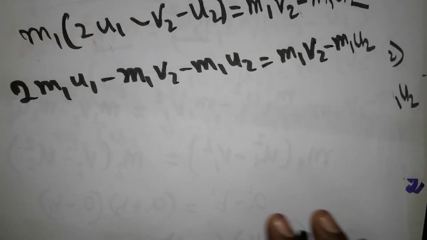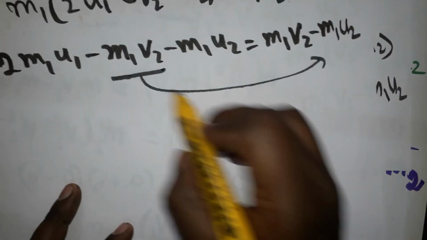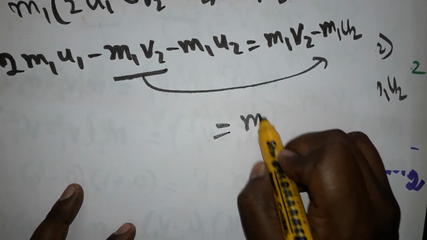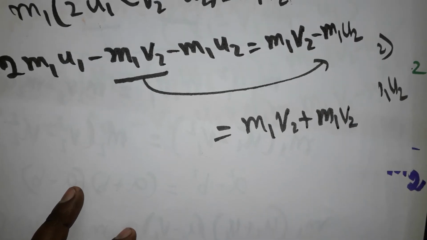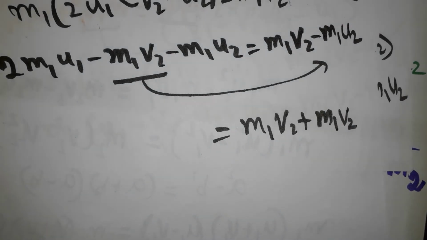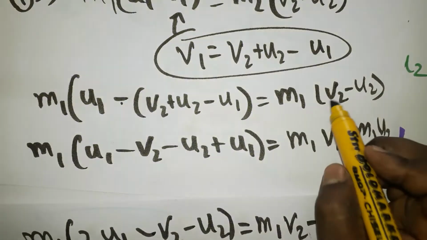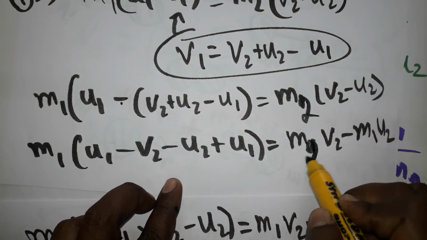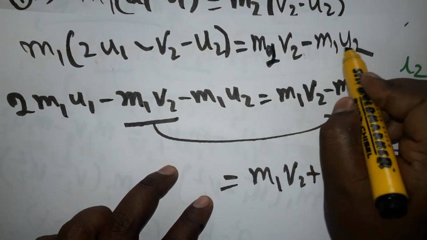Now all the v2 terms I am bringing to one side: m1 v2 plus m2 v2. Sorry, I made a small mistake, it is m2.